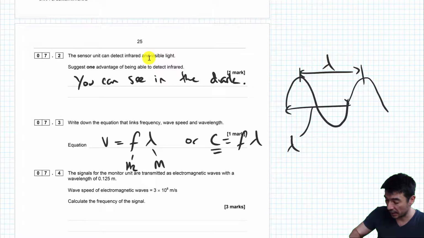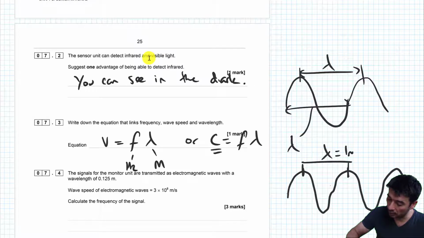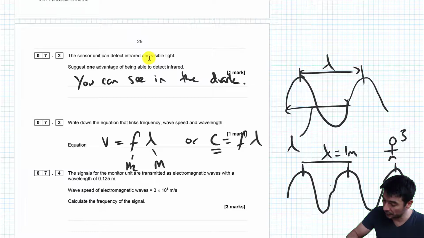So if you get, let's say that's 1 meter long, right? And you are standing here and you count, say, 3 of these waves passing you in 1 second.